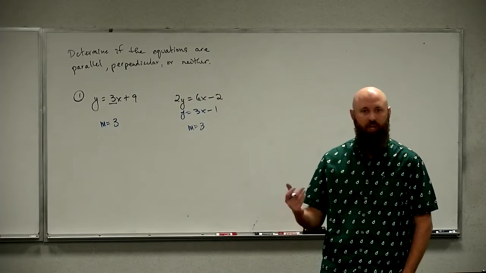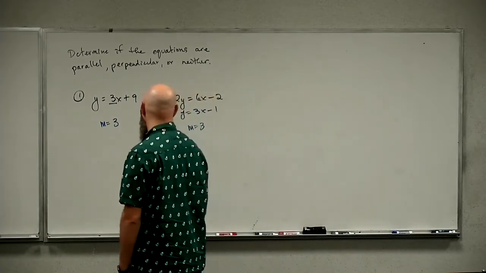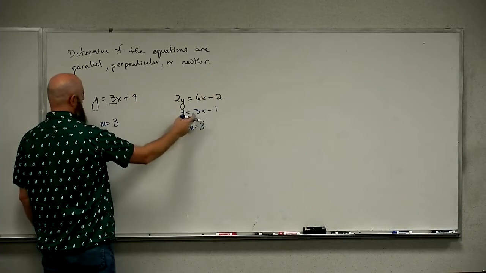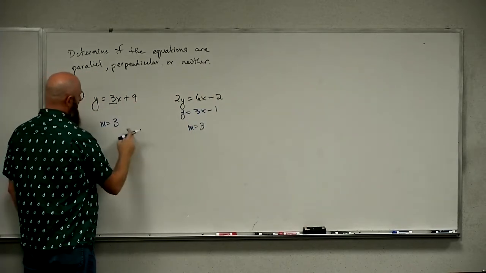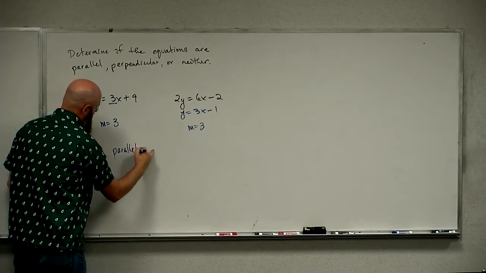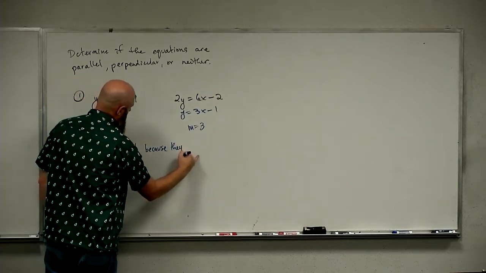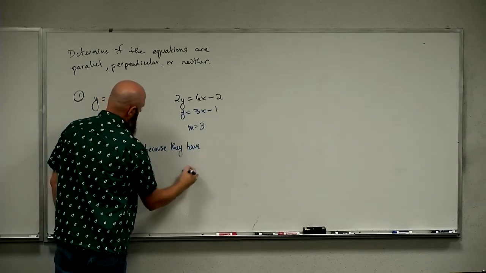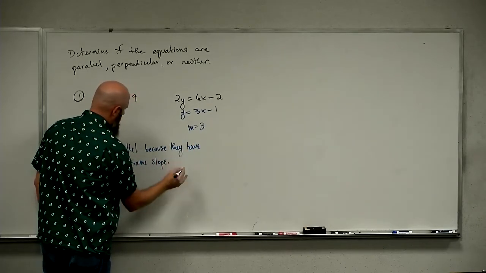In this case, they are. They are both positive 3. So since those are both positive 3, and we know that these equations are not exactly the same because of the 9 and the 1, these are parallel because they have the same slope.